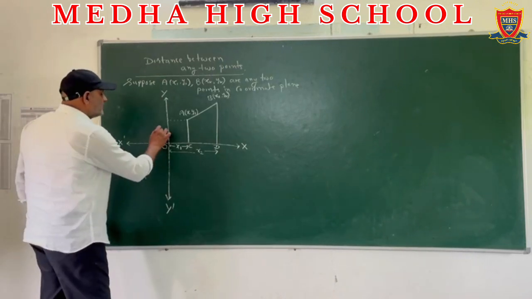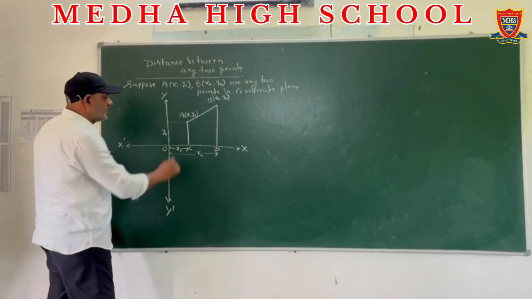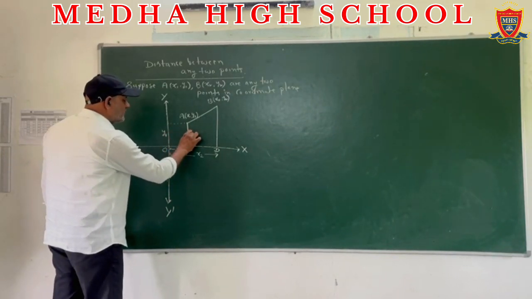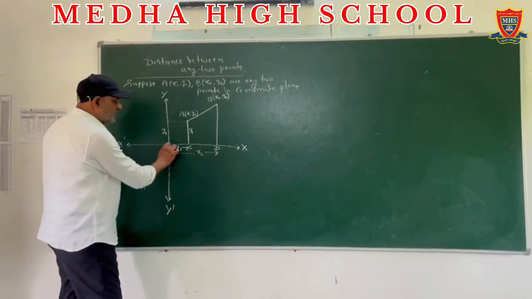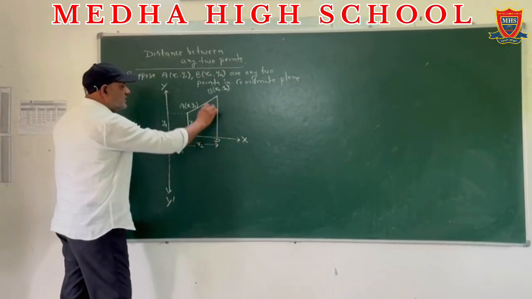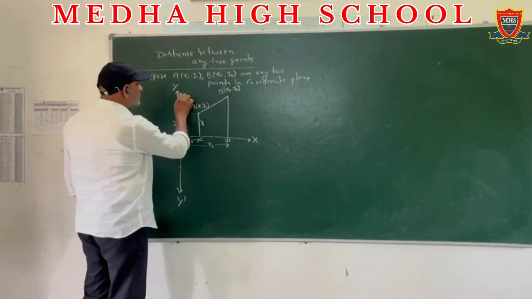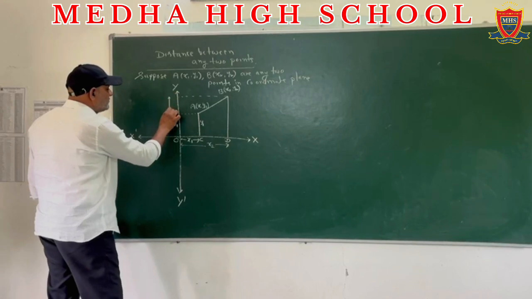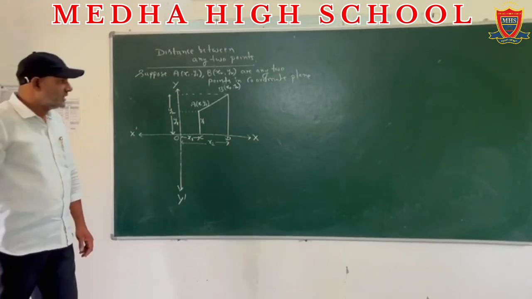So these 2 are equal, so we can take this one as y1 and this one as y1. So here x1 and x2, here this is y1, and the distance from here to here is y2.